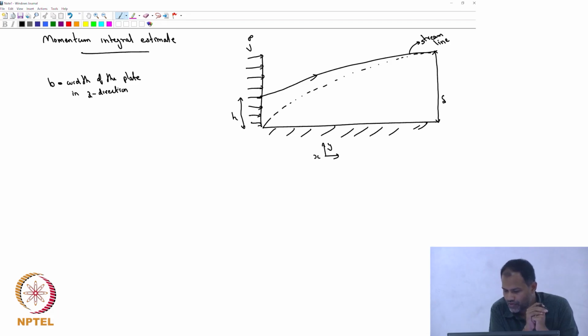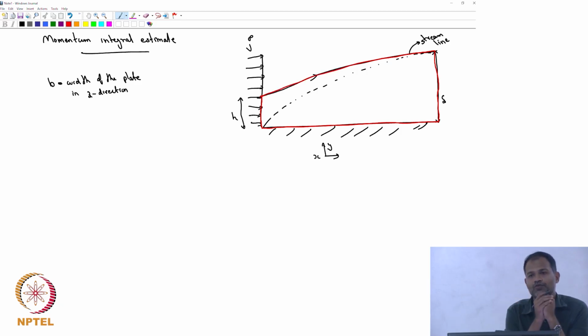And I want to write down a force balance for this control volume, which is this. So that's the control volume that I have.